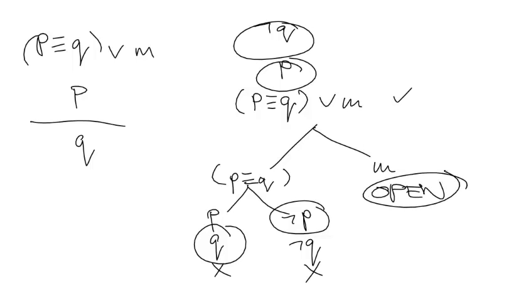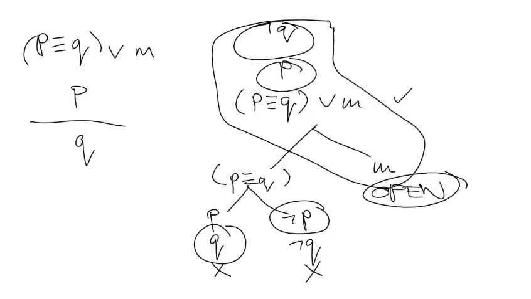This path is open. And what does it mean to say the path is open? It means you can have the following counterexample to your conclusion. It's a consistent state of affairs that not Q, P, this big thing, and M.